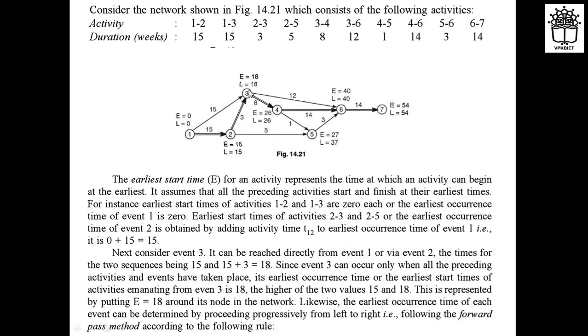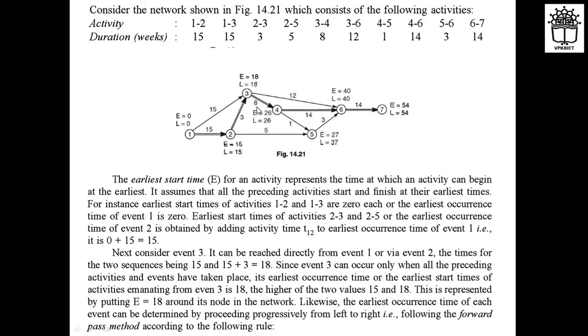Next, consider event number 3, that means this one. It can be reached directly from event 1 or via event 2. The times are 15, and 15 plus 3, so that is 18.